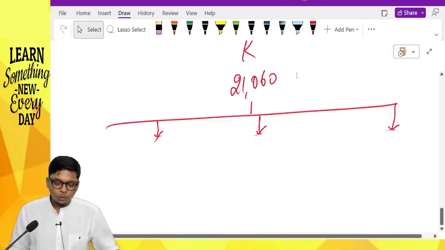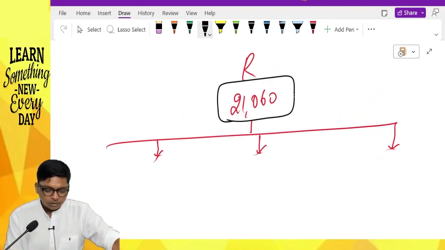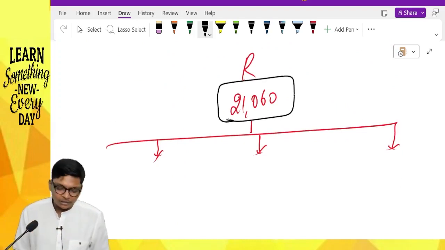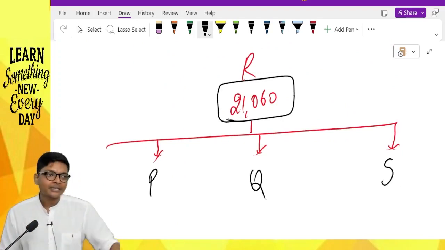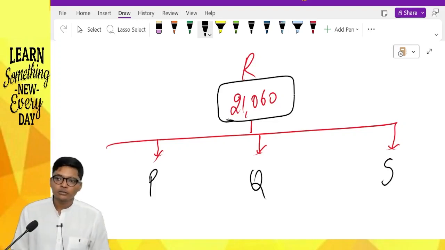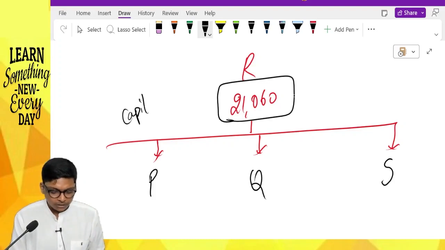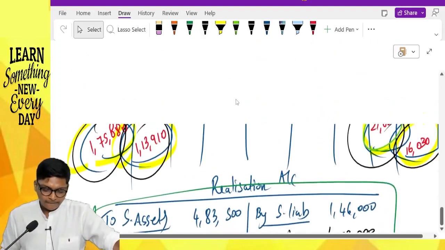But in this sum, I can't do it because R does not have money. So that loss should be borne by the other partners. Who are the other partners? P, Q and S should bear it. Correct? In what ratio? This is a loss in which account? Capital account. So which ratio? Super, you are correct. We have to share the loss in capital ratio. Which ratio?